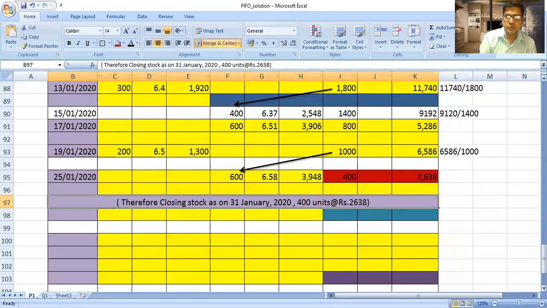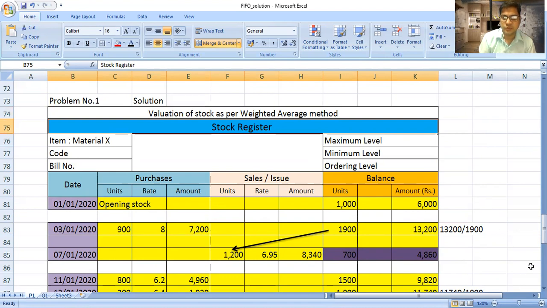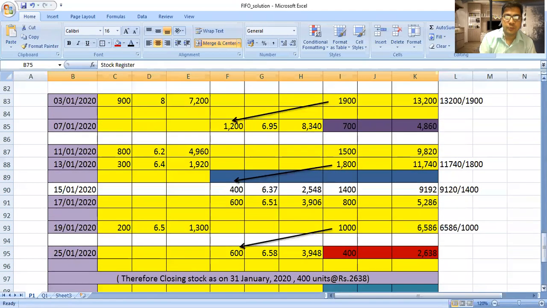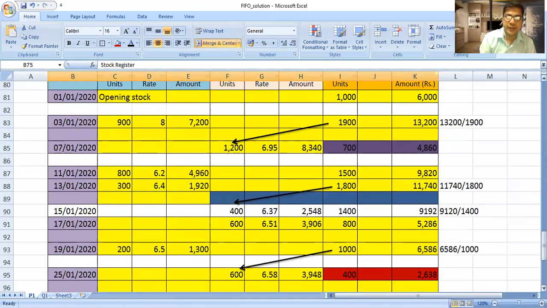So this is the way of answering and how we prepare the weighted average method. How we will use the weighted average method while preparing the stock ledger, that you understand. Okay. Do you have any doubt how to calculate, how to prepare? Is there any doubt you can ask?